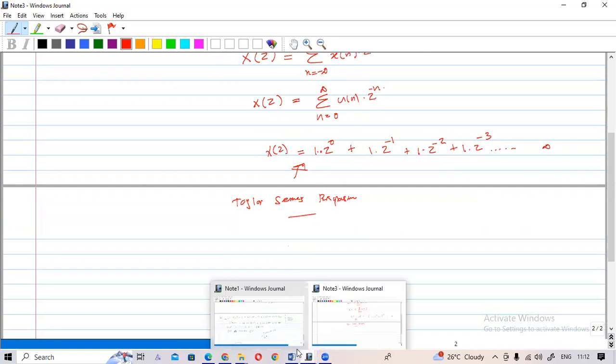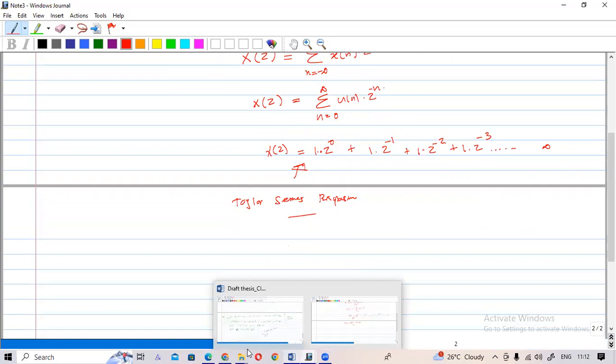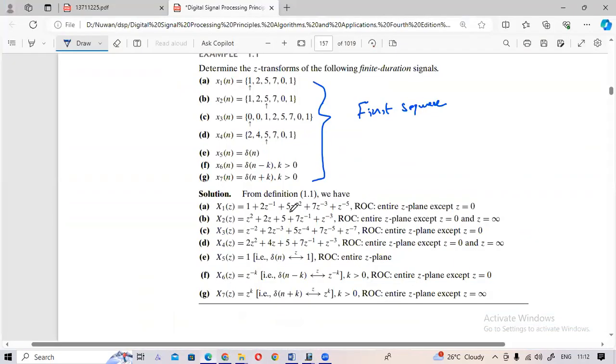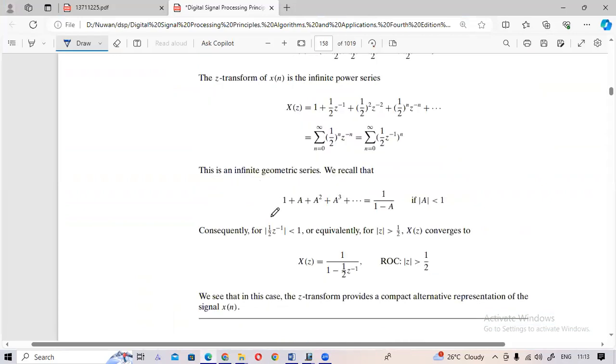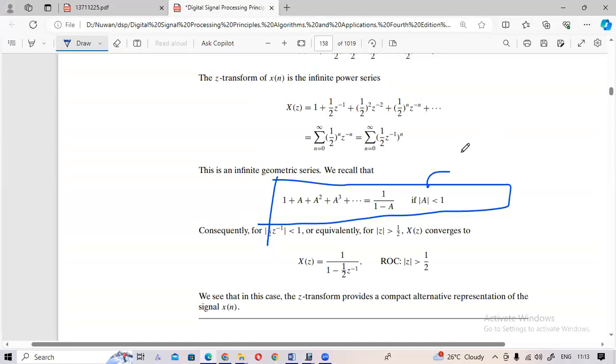The corresponding Taylor series expansion is given in our book also. Actually, this is a Maclaurin expansion, okay. So for an infinite number of values, we will have a compact solution.